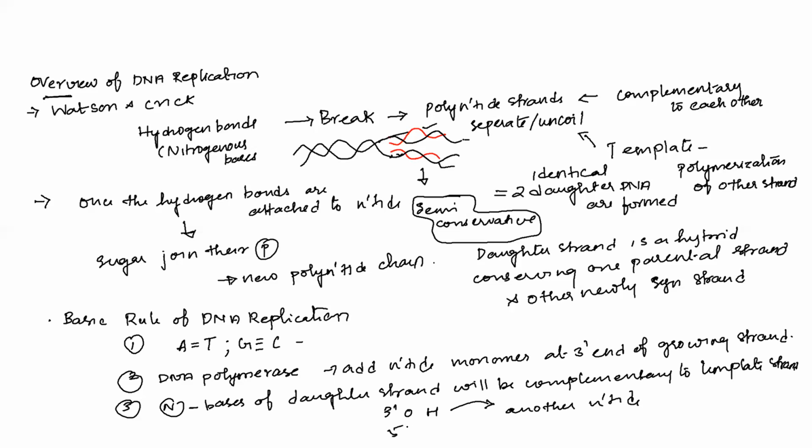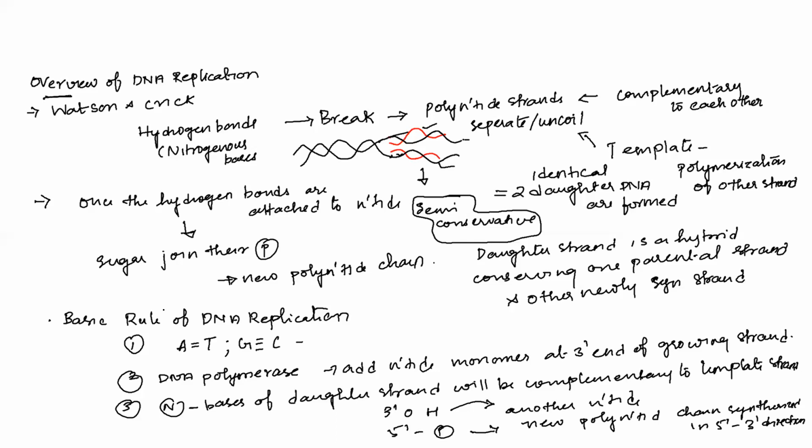And the 5' end, which has a phosphate group, is going to connect with the newly synthesized polynucleotide chain, synthesized in the 5' to 3' direction. Yes, we'll talk about it. There are so many things going around. It is just a brief talk about DNA replication.